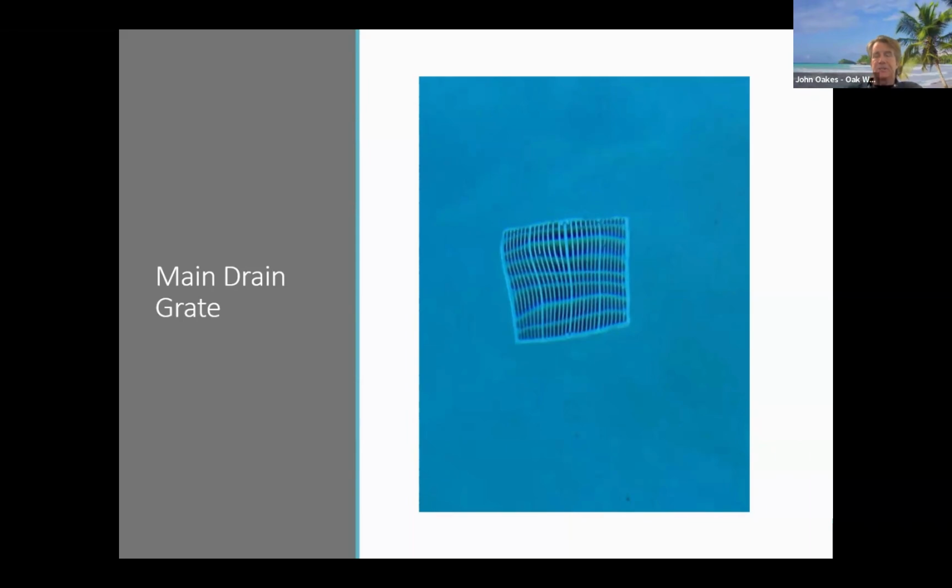The code says that it has to be within the lifespan that the manufacturer has certified. It's typically 7 years. So you have to have main drain covers that are within that 7 years manufacture date and that are also Virginia Graeme-Baker Act, VGBA, compliant.